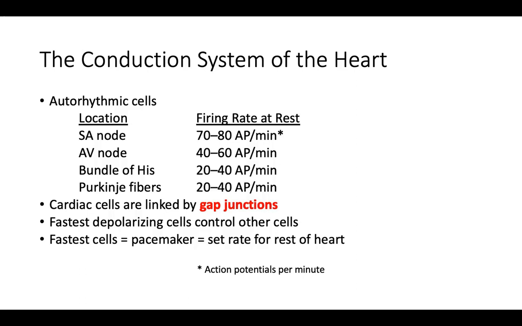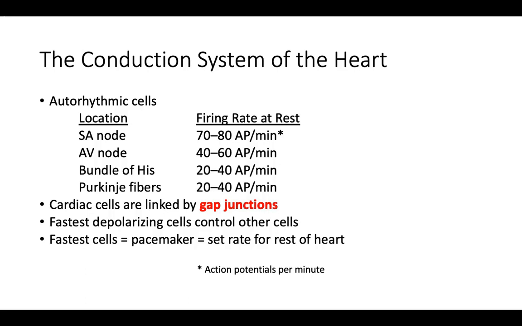Now, what we'll go on to see further down when we look at the cardiac output and how that is regulated with the autonomic nervous system is that if I were to take an SA nodal cell and put it outside of the body, in vitro, in a petri dish, it would actually fire action potentials at about 100 per minute. We made this point when we spoke about autonomic regulation: at rest, the parasympathetic system is slightly more dominant than the sympathetic system.